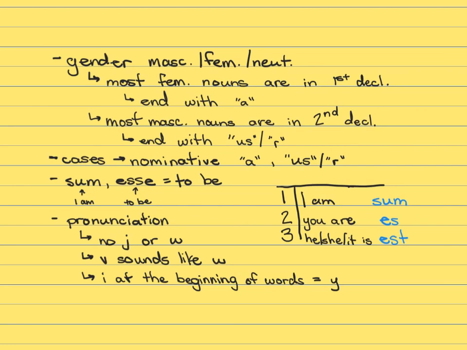Pretty much most of the other letters are going to be the same. C is always going to be a K sound, like in cat, never an S sound. And G is also always going to be a G sound, like in gum, not ever like anything like in gym.